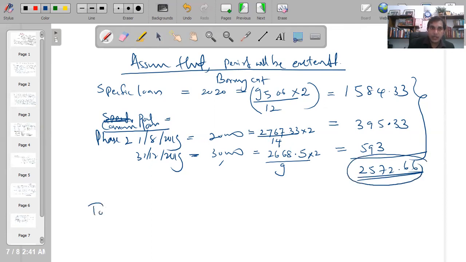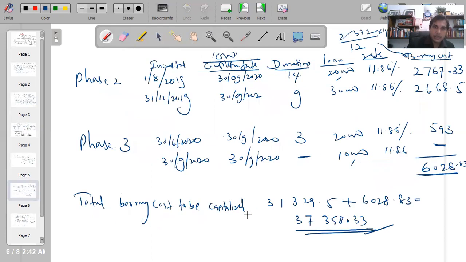Now this amount should be deducted from the total borrowing cost to be capitalized. In the previous calculation, the total value was 37,358.33. This is for the entire period without excluding 2 months.